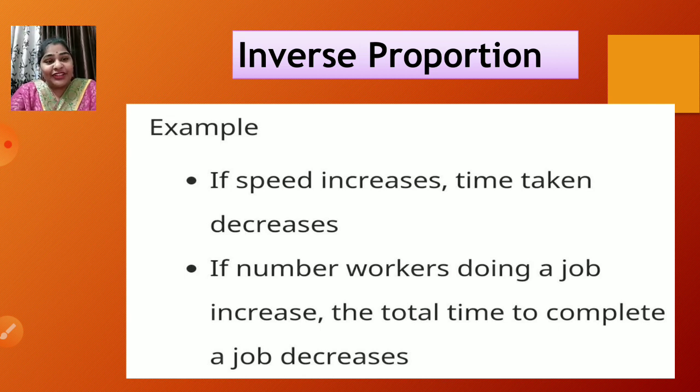If the number of workers doing a job increases, suppose any work is going on, and if we increase the number of workers, children, obviously the time taken to complete that work will be less. So if the number of workers is increasing, the time required will decrease. Hence the number of workers and time are in inverse proportion here, right? I hope that was clear, children.